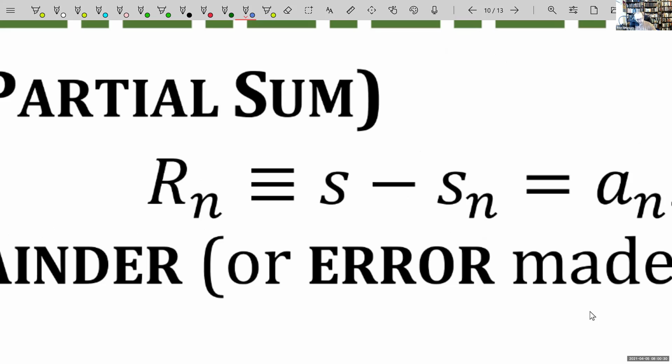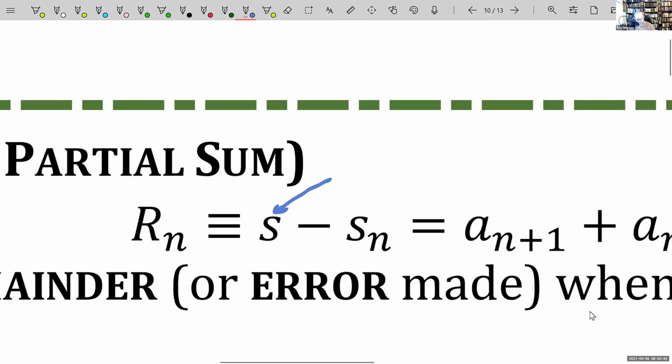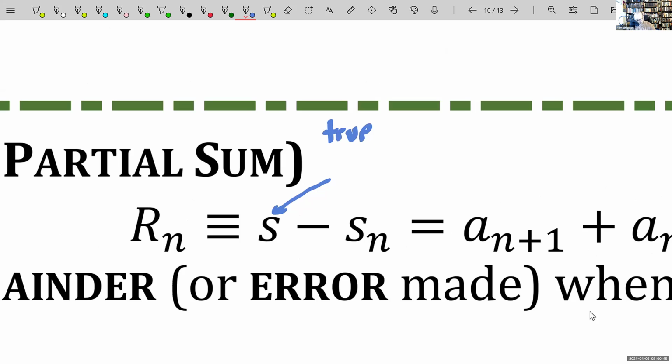That's what the triple equality means. It means defined to be. So we're going to define that to be the actual sum, the true sum, minus the nth partial sum.